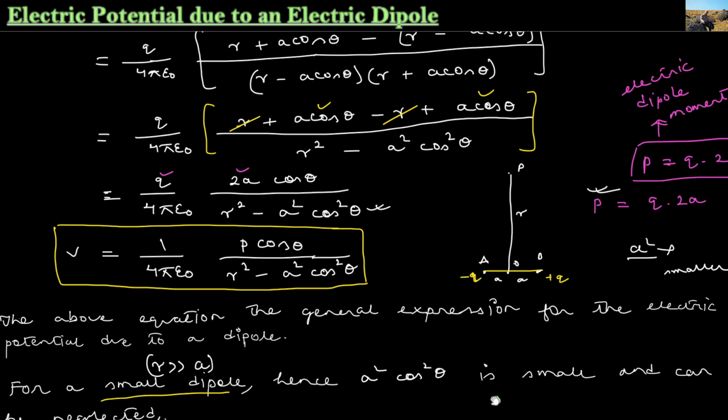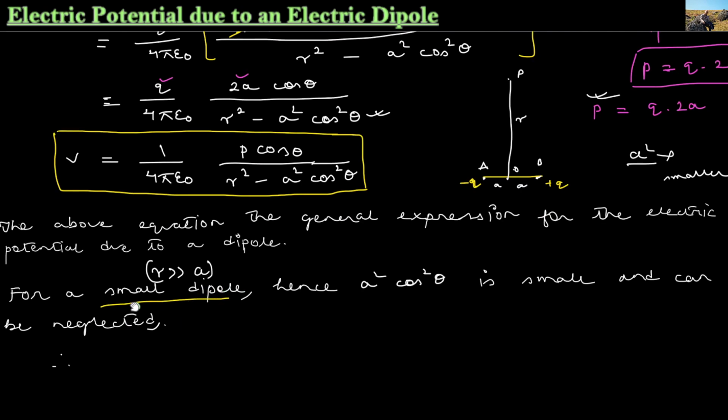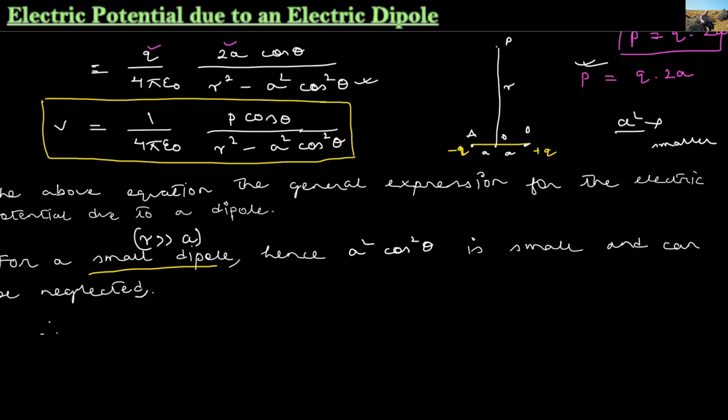So when you neglect that, under the condition that the dipole is very small, the total electric potential will be given by this formula: V equals 1 by 4 pi epsilon naught, p cos theta divided by r square.